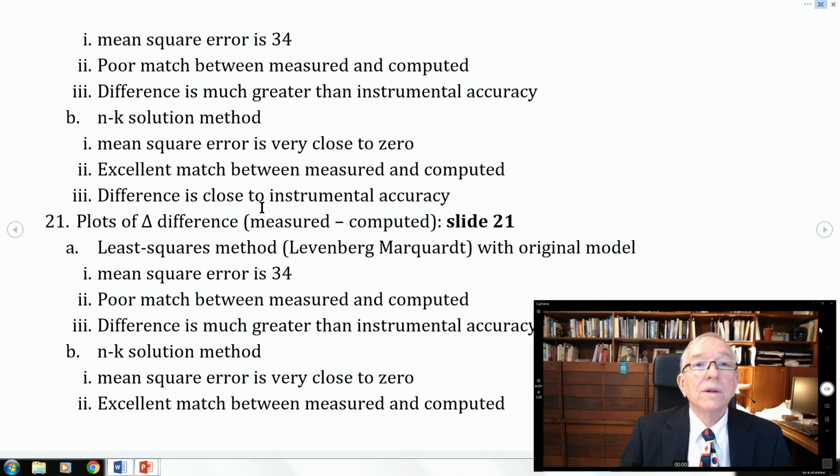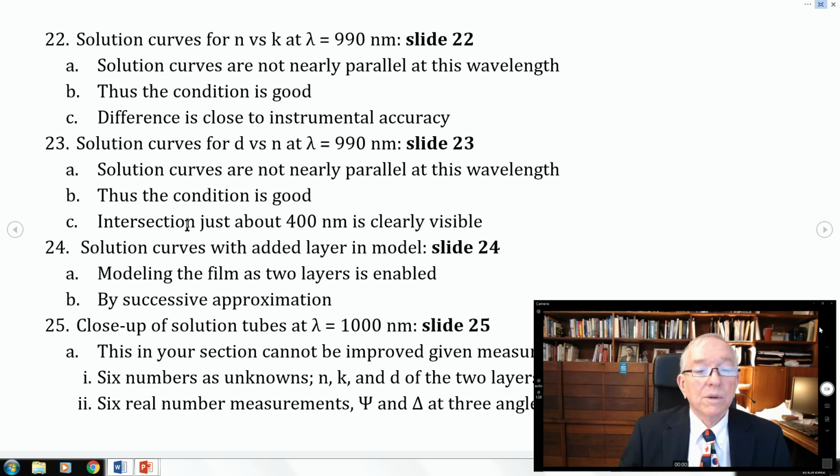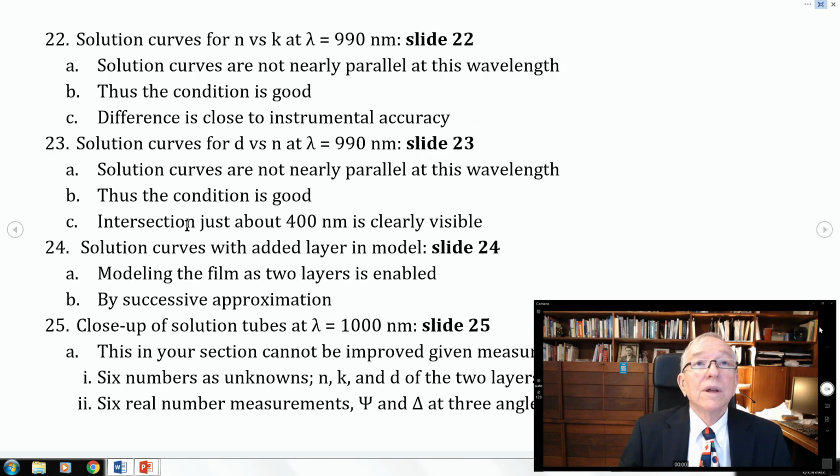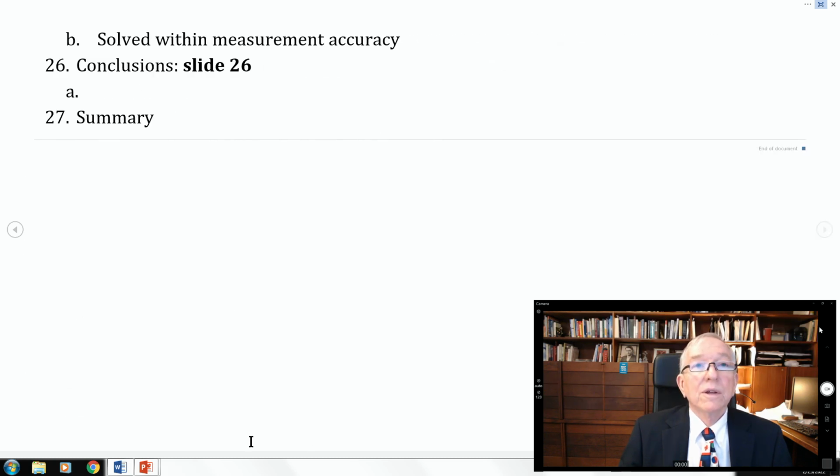And we examined that by looking at the difference. Oh, I went too fast. Maybe you want to have that there for a moment. And then looked at the solution curves for various and sundry wavelengths and made a set of conclusions.